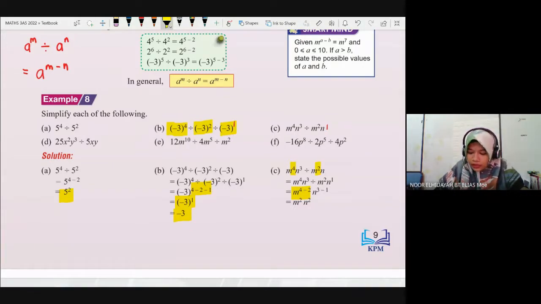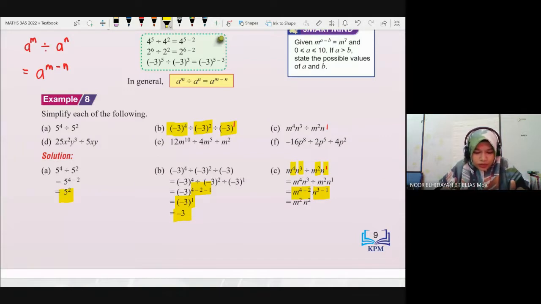And then n to the power of 3 minus 1. Actually ada 1 di situ. Then you write the final answer. Ingat, final answer dia tak ada simbol division, dia tak ada simbol untuk multiplication.